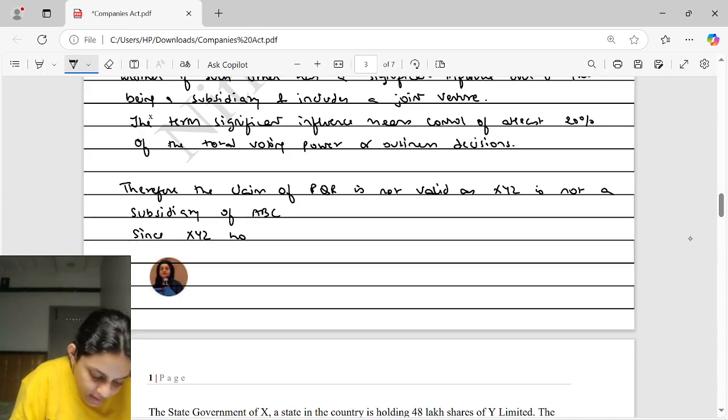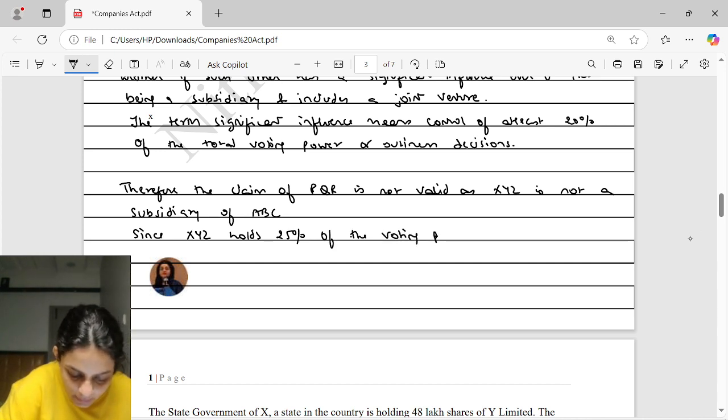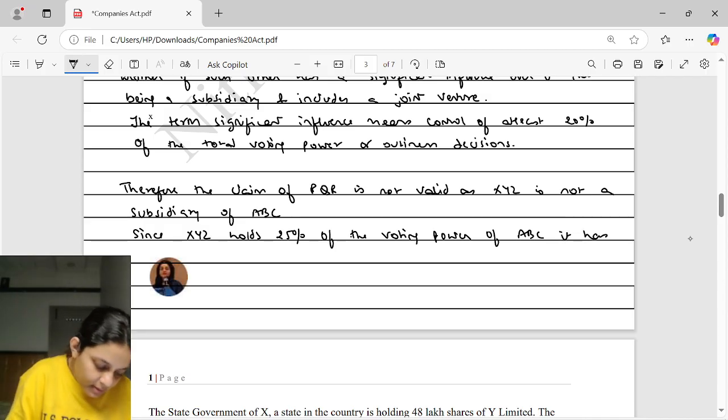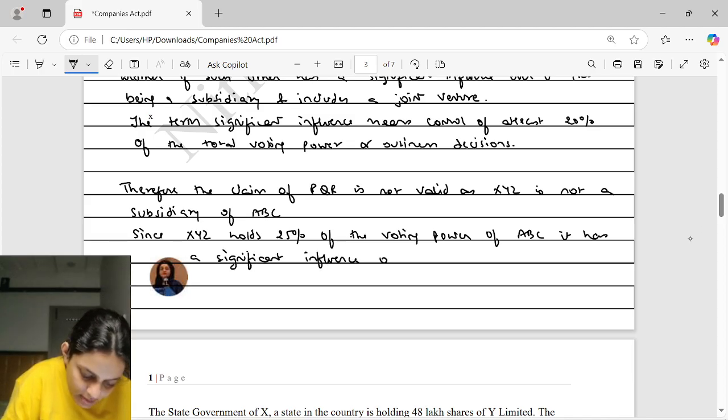Since XYZ holds 25% of the voting power of ABC, it has a significant influence over ABC.